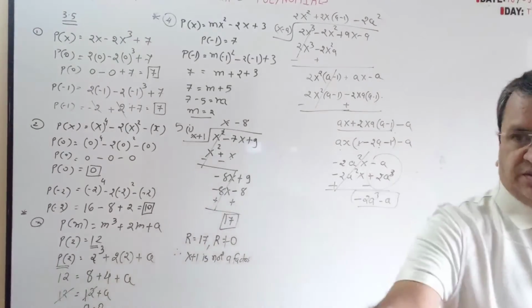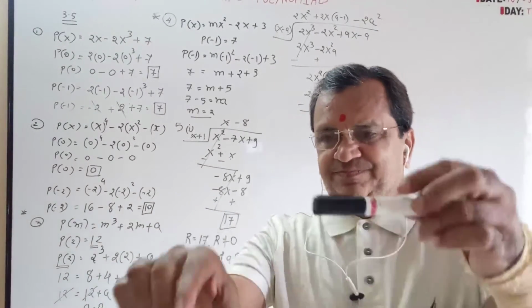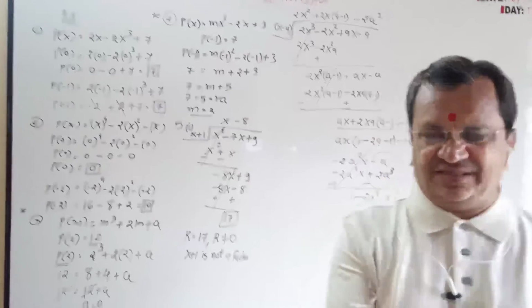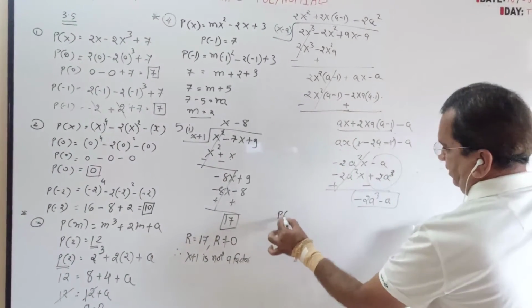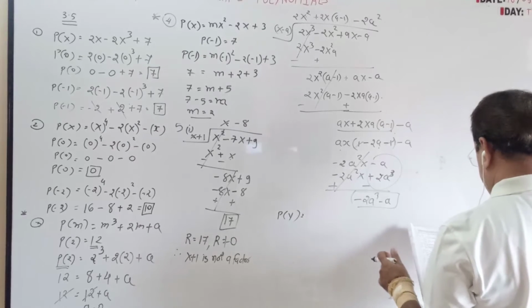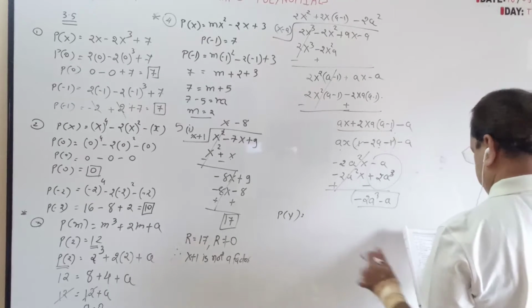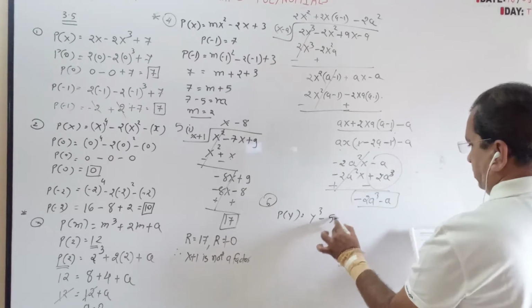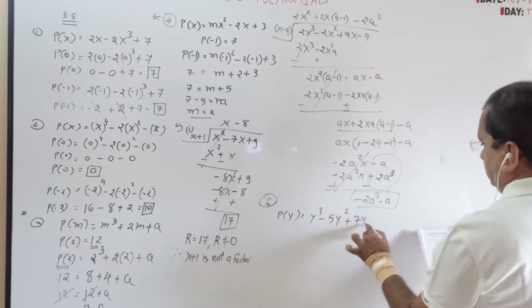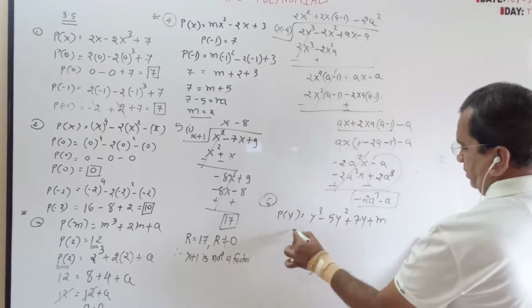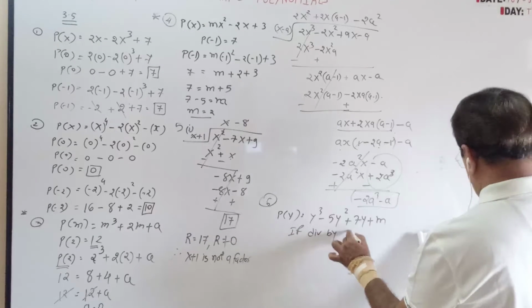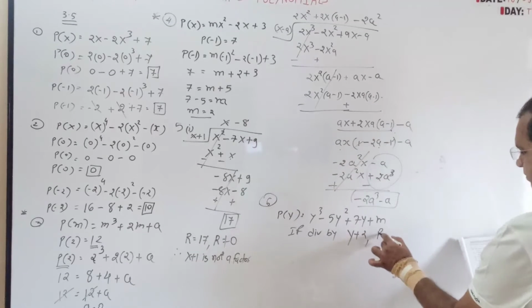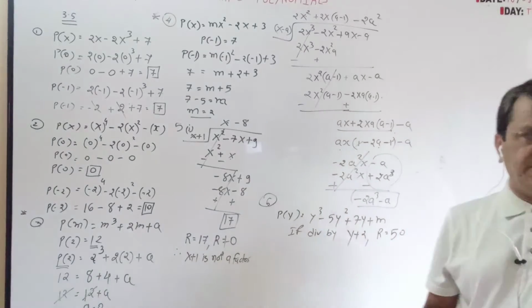Sixth is a very important sum. Polynomial with respect to y is given: p of y is y cube plus 5y square plus 7y plus n, if divided by y plus 2, the remainder is given.